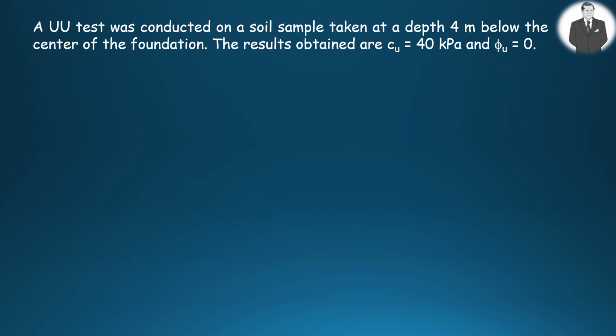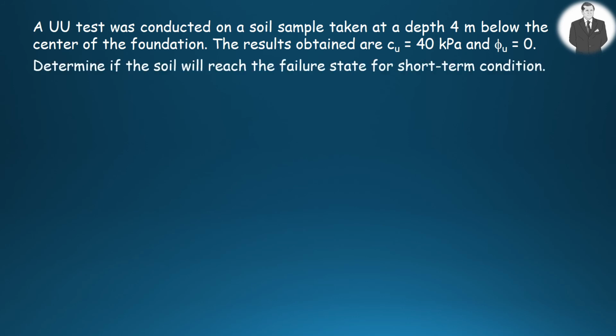The UU test, which is unconsolidated undrained triaxial test, was run on a soil sample taken from a depth of 4 meter below the foundation center. The determined shear strength parameters, namely Cu and Φu, are 40 kilopascal and 0 respectively. The question is to determine if the soil will reach the failure state for short-term condition or not.